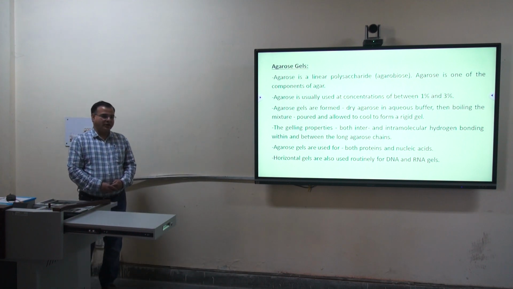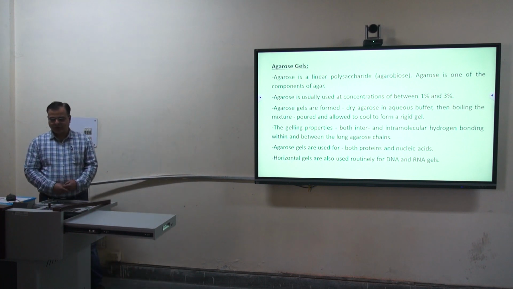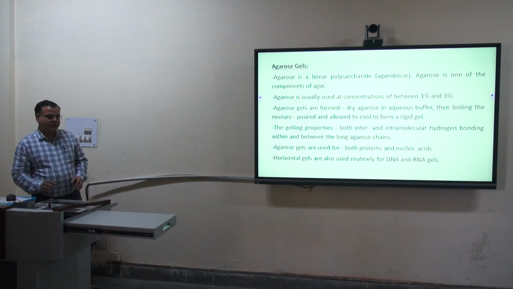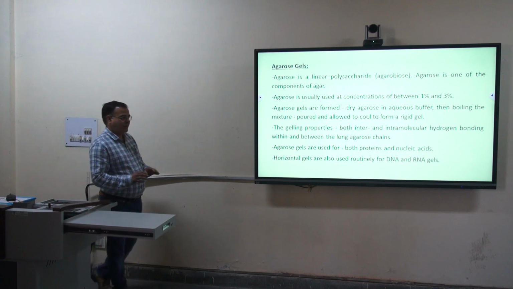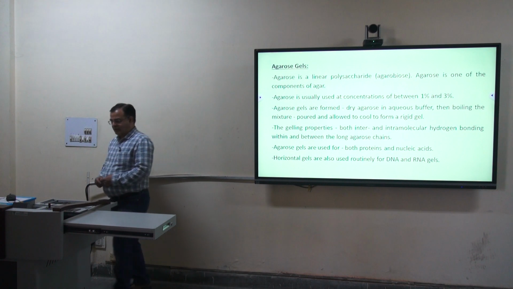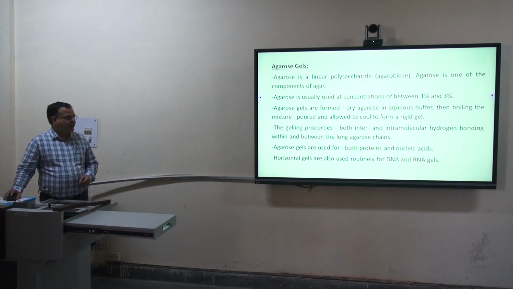It is dissolved in water and boiled, and it is left for some time and it forms a gel. The gelling property is due to inter and intramolecular bonding within and between the long agarose chains. These agarose gels are rigid gels and they are used for running both protein and DNA samples, but mostly agarose gels are used for DNA and RNA.